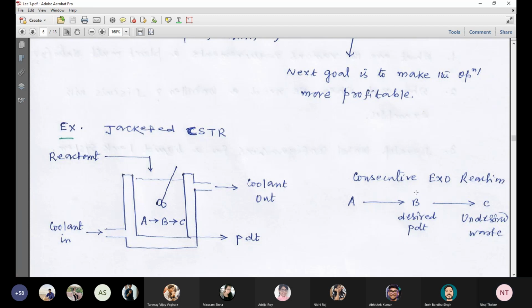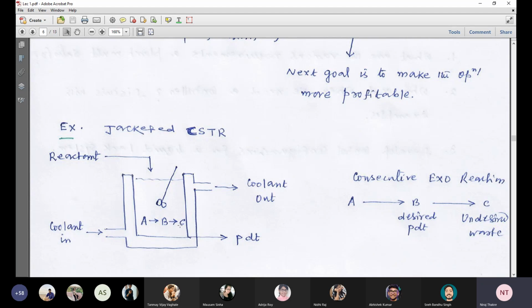Fine. And since this is an exothermic reaction, we need to take out this exothermic heat from this CSTR to maintain the temperature at its desired level. I repeat, for this example CSTR, we want to maintain the temperature at its desired level. But this reaction is exothermic, so exothermic heat is produced all the time.